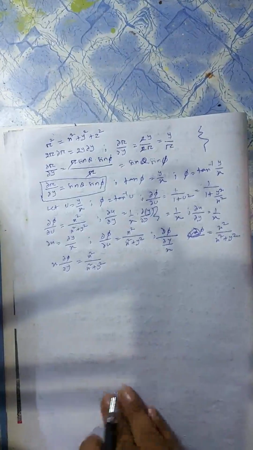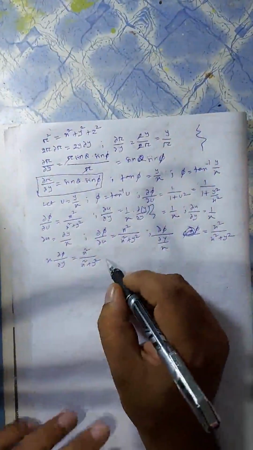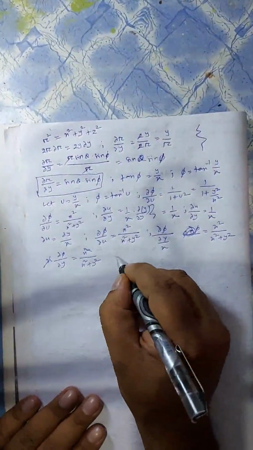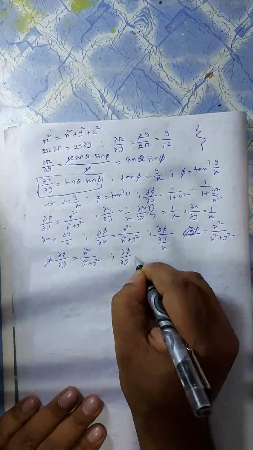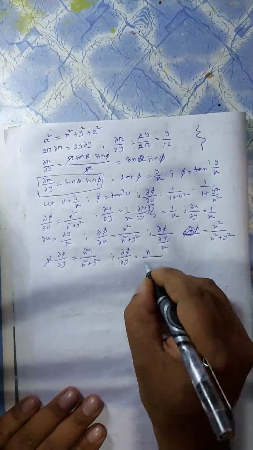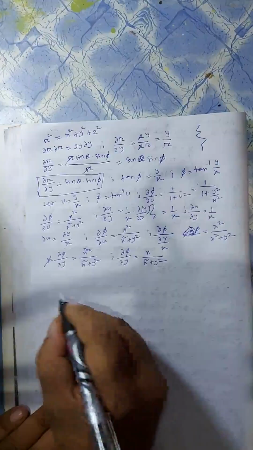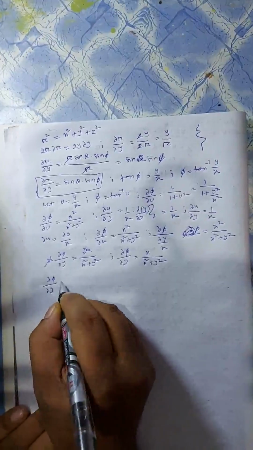But we require what? Dou phi by dou y. Okay, then here x is cancelled, so dou phi by dou y is equal to x by x square plus y square.